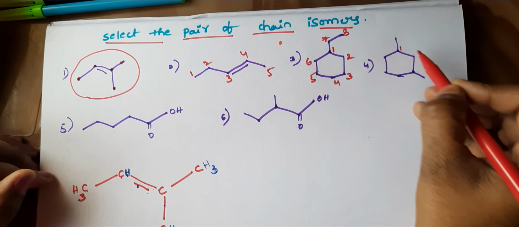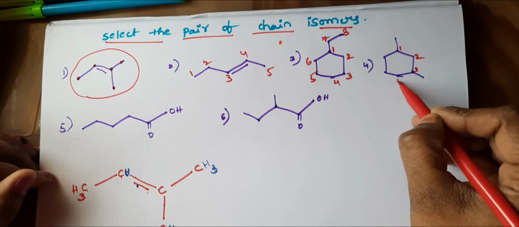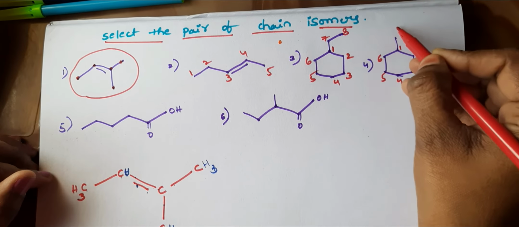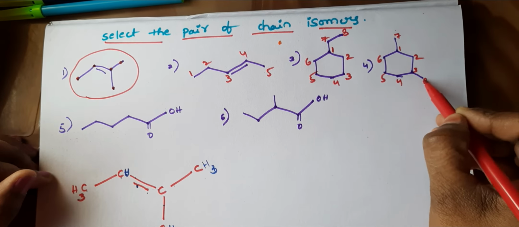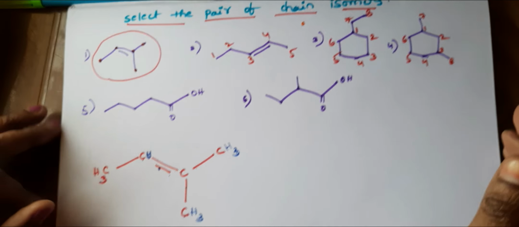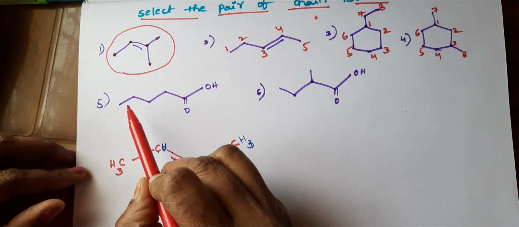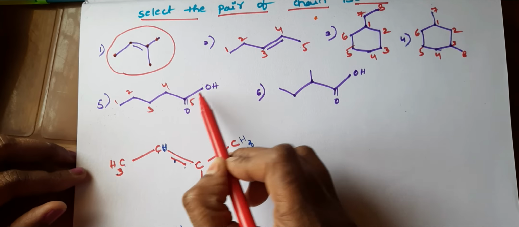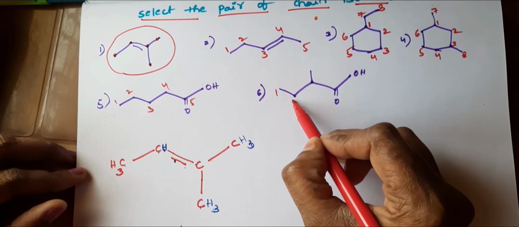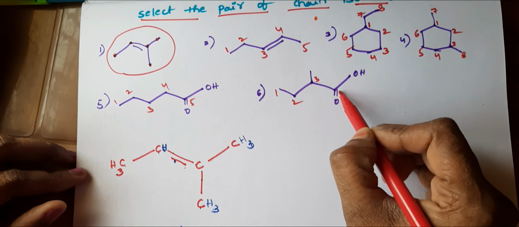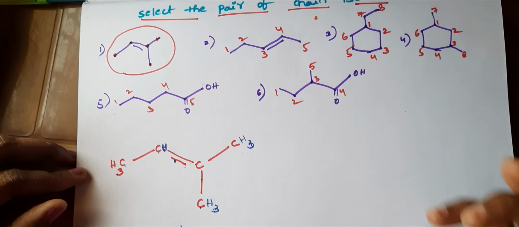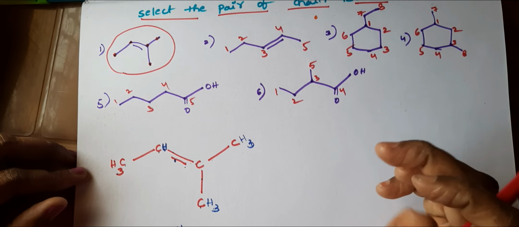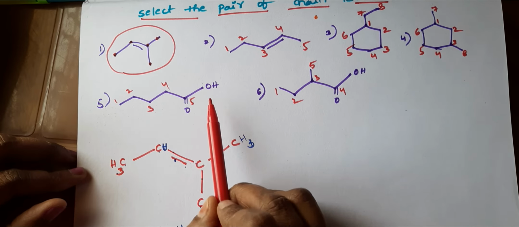Even here, 1, 2, 3, 4, 5, 6, this is the 7th carbon, it is the 8th carbon. 8 carbons. We need only 5 carbons. Check here: 1, 2, 3, 4, 5. 5 carbons. 1, 2, 3, 4, and this is another carbon. 5 carbons. But we don't have oxygens.